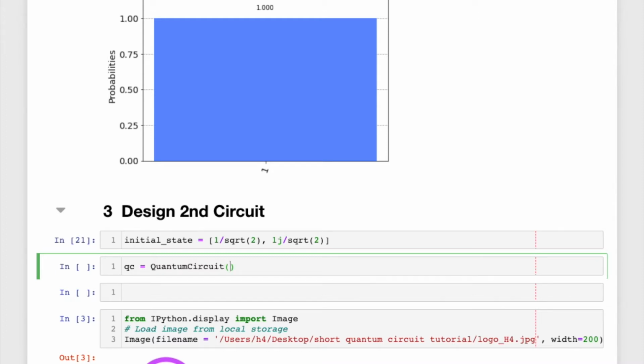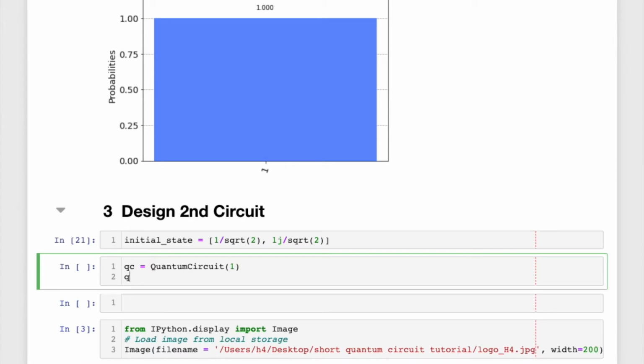So we define another quantum circuit. We initialize it again with the initial state, which is now 1 divided by the square root of 2, comma, j divided by the square root of 2, the imaginary part, and we tell it this is the zeroth qubit, this is the first qubit.